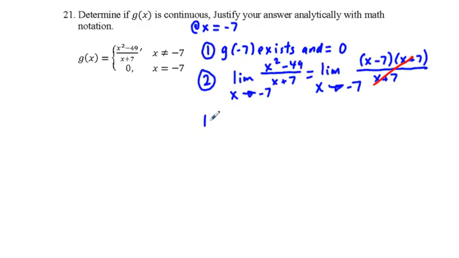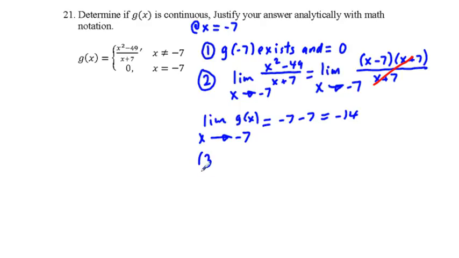So the limit as x approaches negative 7 of g of x is equal to x minus 7 with x being negative 7, which equals negative 14. So condition 2 is met.